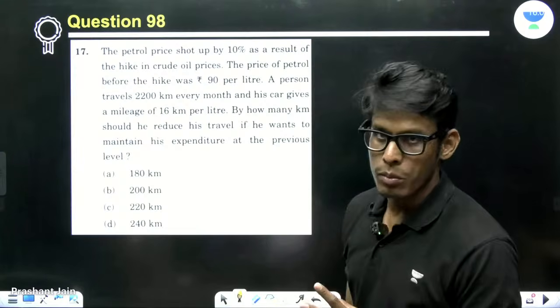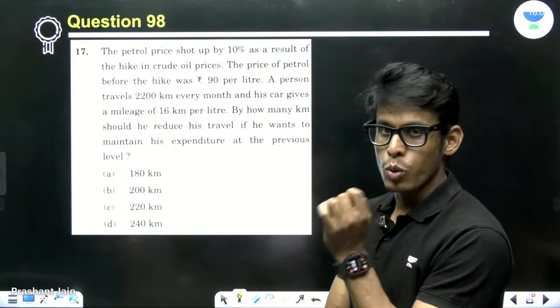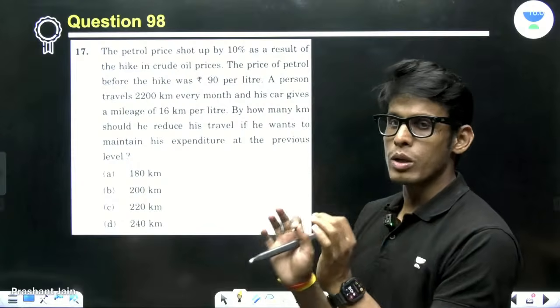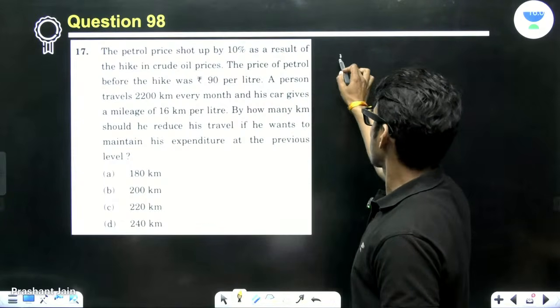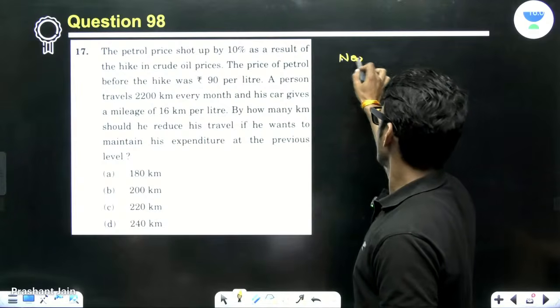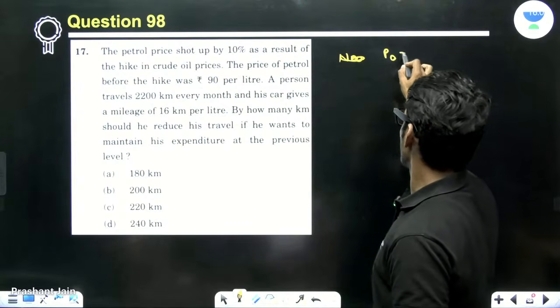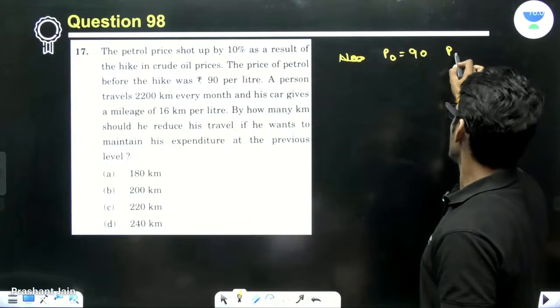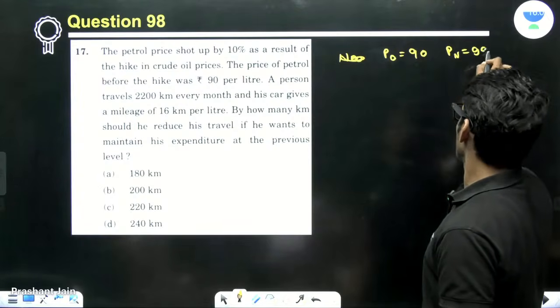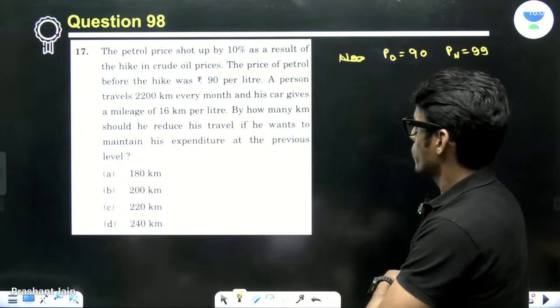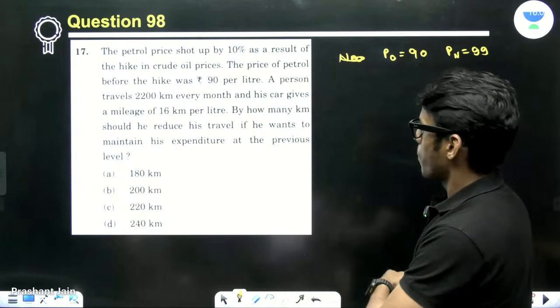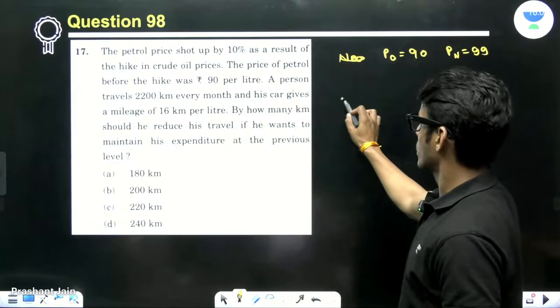Again, a very simple problem. All you have to do is to just simply do the math. 10%. So now the new price is: petrol old was 90, petrol new is 99. So what he is saying, a person travels 2200 kilometers.